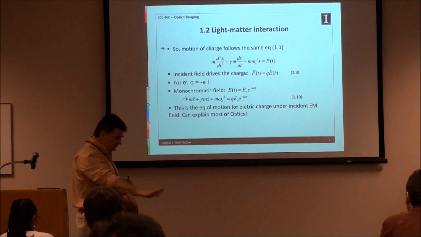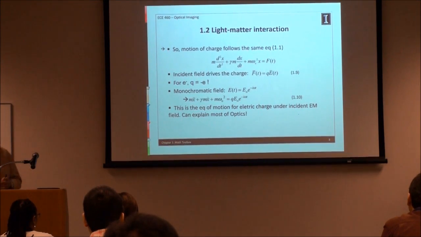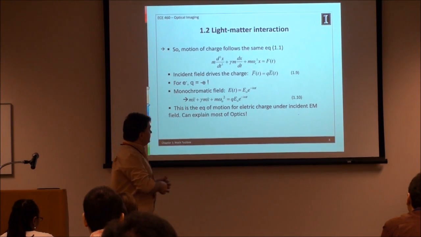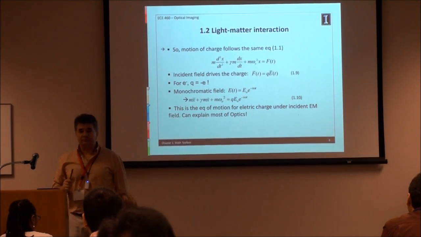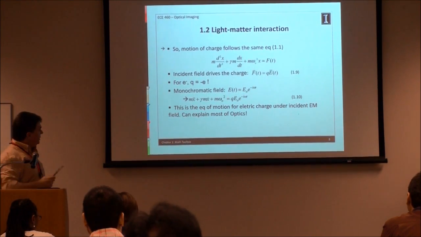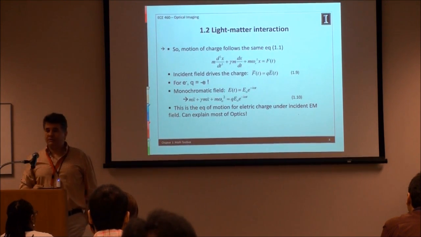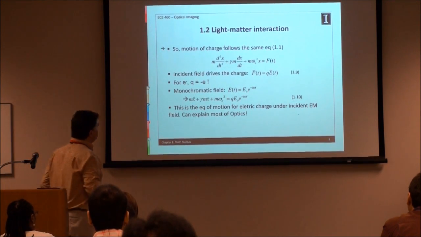So I have, let's say, a laser beam that comes incident on a piece of glass or anything else, and the electric field coming from my optical beam acts as an external force on the charge in the material. So again, our problem is to solve this equation. What is x as a function of t, given all these properties of the material, right?